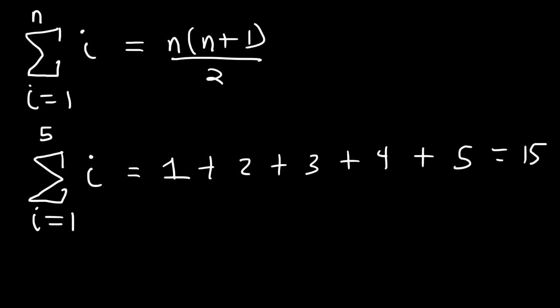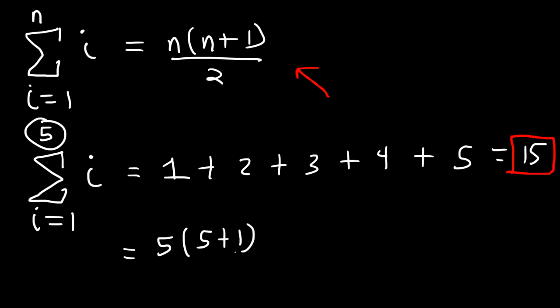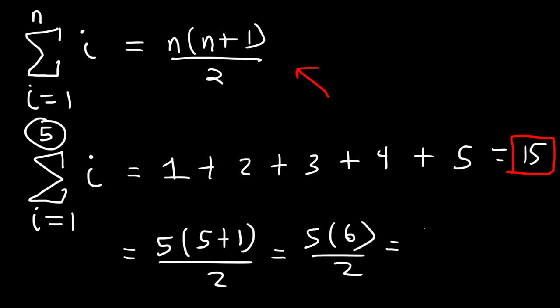Now let's confirm that answer using the formula above. n is this top number, it's 5. So it's going to be 5 times 5 plus 1, divided by 2. 5 plus 1 is 6, and 6 divided by 2 is 3, and 5 times 3 is 15. As you can see, this gives you the same answer.